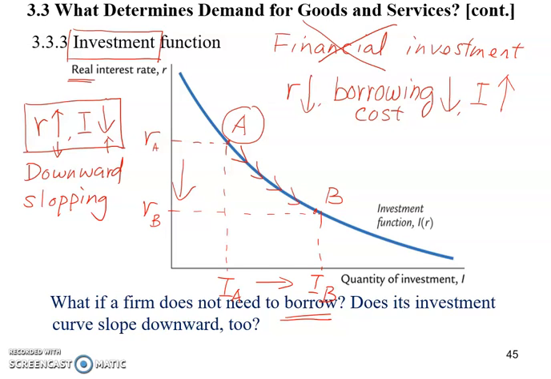So if they don't need to borrow, we have to make sense of what they're going to do, how the change in the real interest rate would affect their investment decision. Or do you believe that because they don't need to borrow, they don't care about any change in the real interest rate? Okay, so during our virtual meeting we're going to discuss these.